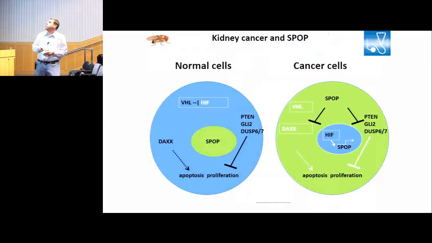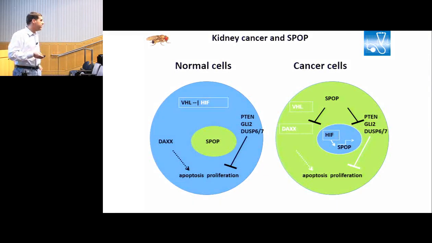Okay, so just to finish, we identified through this process that in normal cells, SPOP is in the nucleus expressed at low levels, but when VHL is mutated, HIF goes to the cytoplasm. It targets SPOP. It also targets VEGF, and VEGF leads to additional vascularization and angiogenesis, and so you supply the tumor with more blood. It grows.